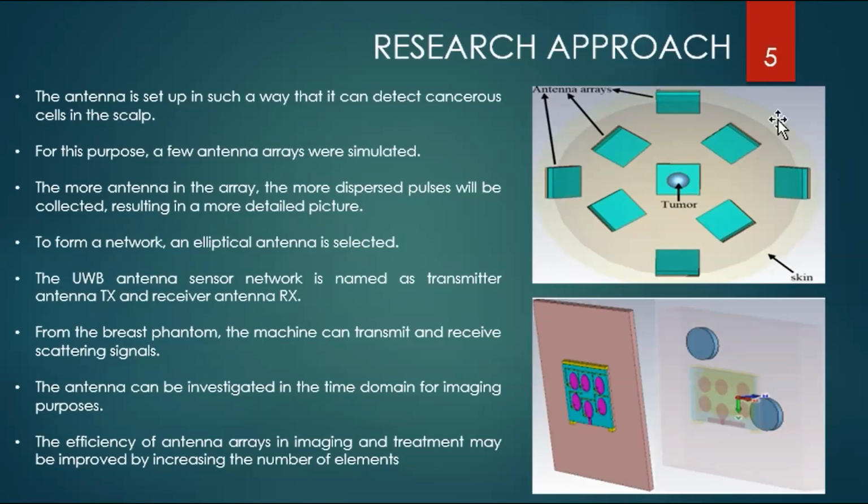As I said, we need to use several arrays in order to get better results. To form a network, an umbilical antenna is selected. The ultra-wideband antenna sensor network is named as the transmitter antenna, TX, and the receiver antenna, RX.